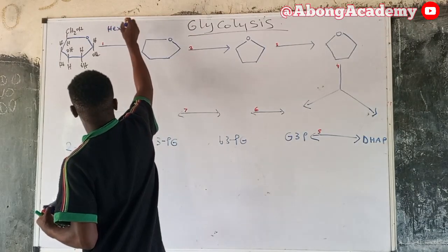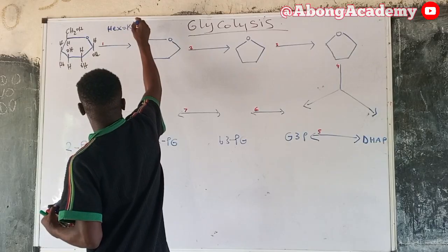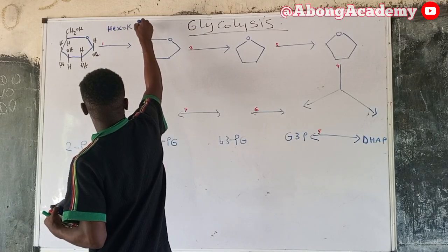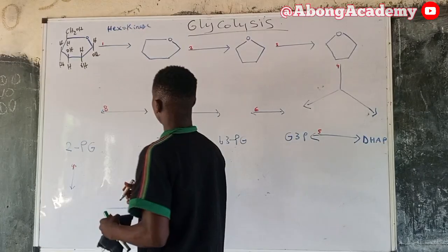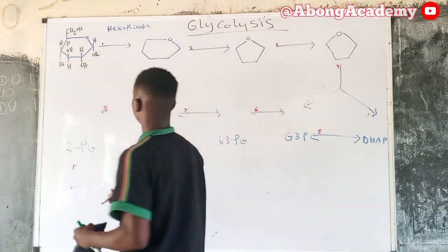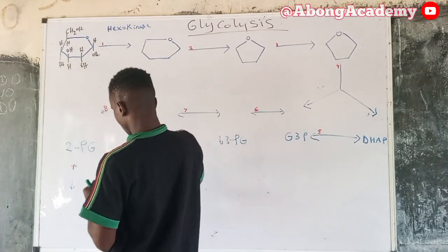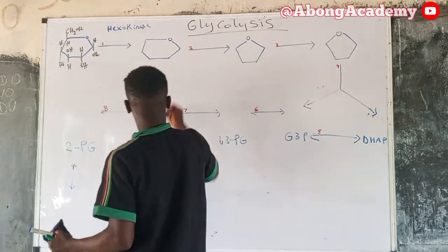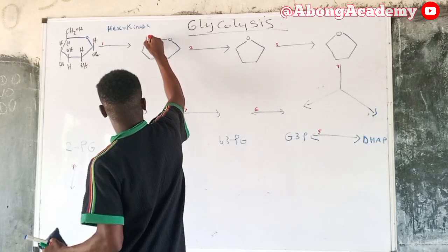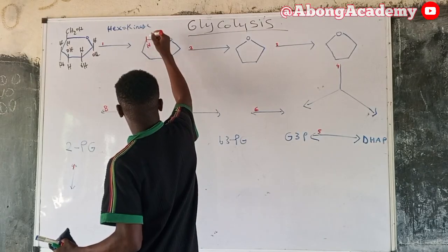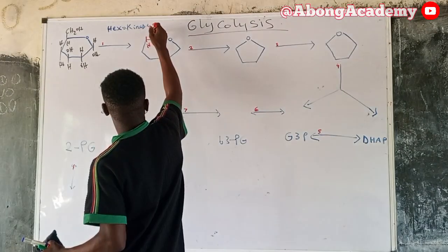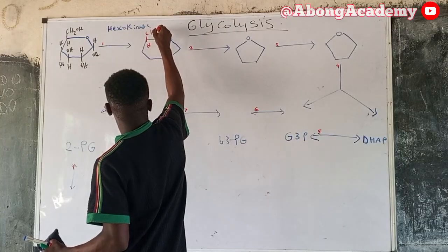This enzyme has a high affinity for glucose and a low Km value. And the donor of the phosphate group that was given to glucose is ATP.